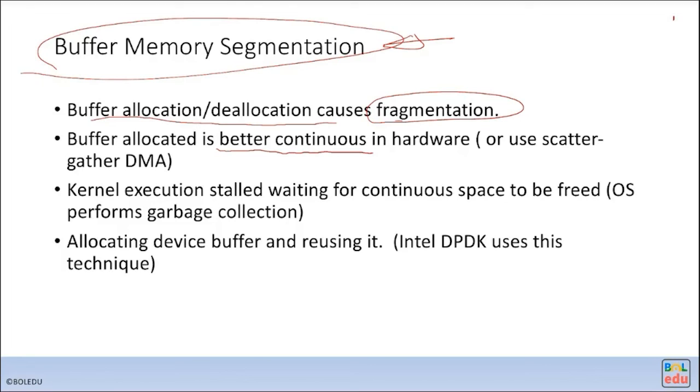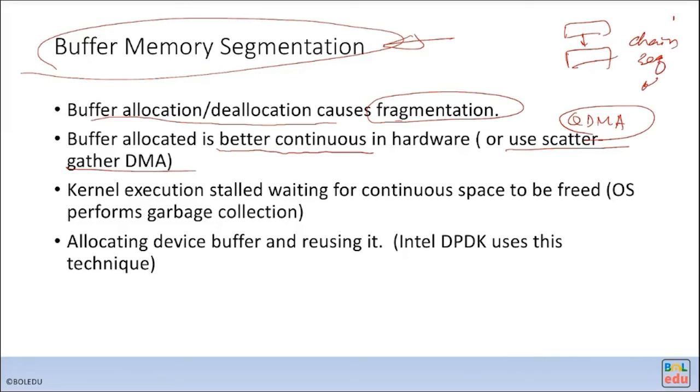Okay, if the data are scattered, you either need to gather the data into a big buffer, or you use a gather DMA. The Xilinx-provided QDMA is a gather DMA. That means the DMA allows you to chain a sequence of descriptors, each descriptor pointing to a different part of the memory.